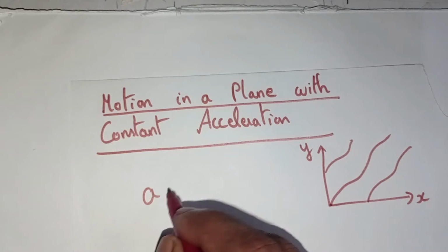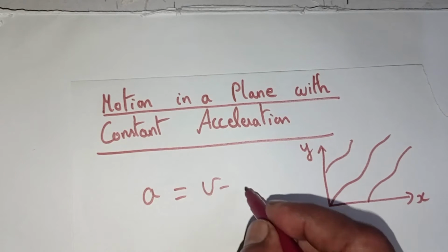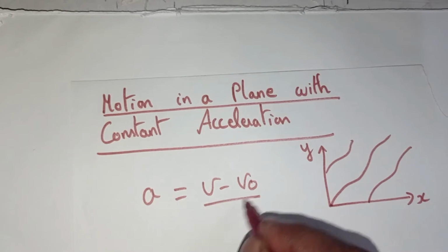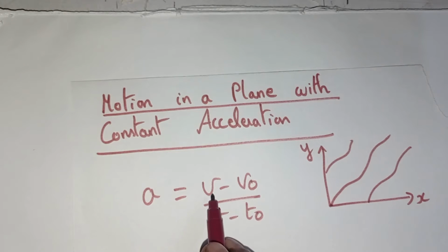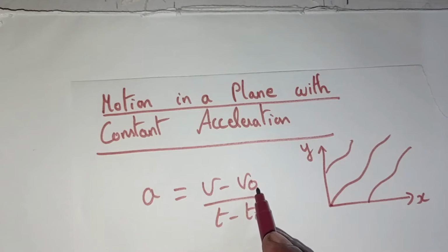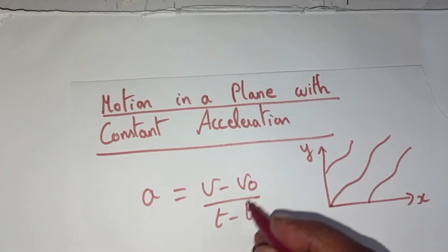But we know that acceleration is equal to v minus v naught by t minus t naught. So v is the final velocity, v naught is the initial velocity, divided by final time t minus initial time t naught. Now initial time is usually 0, right? So this is 0.